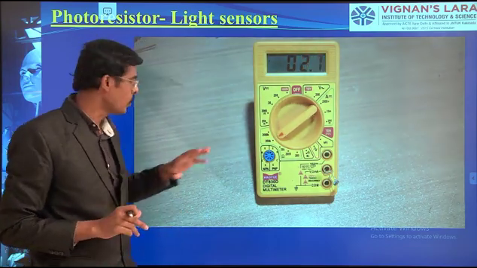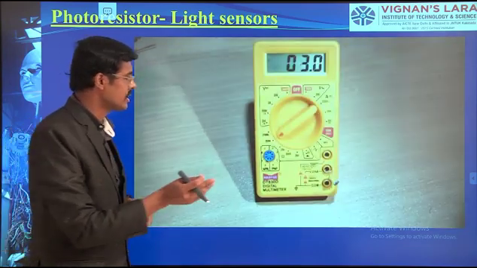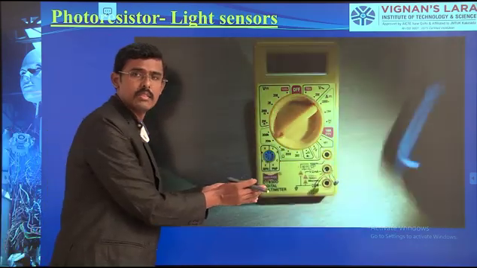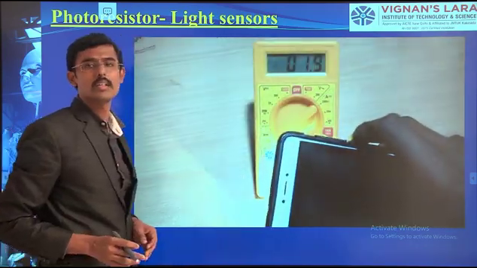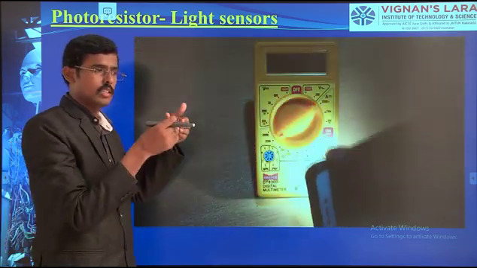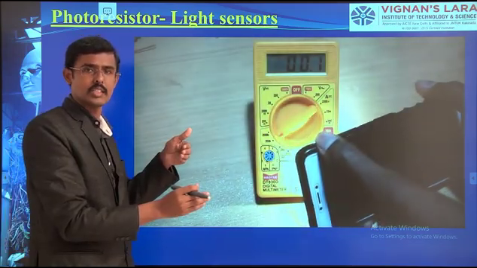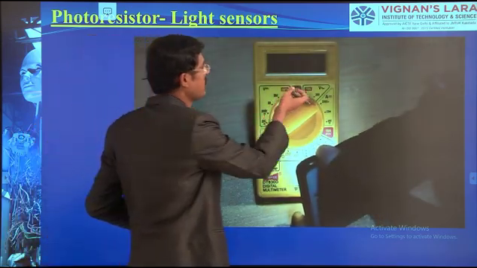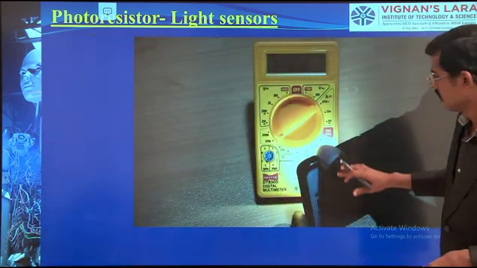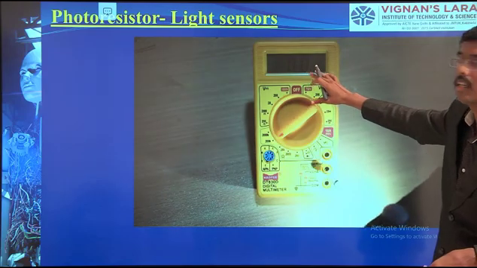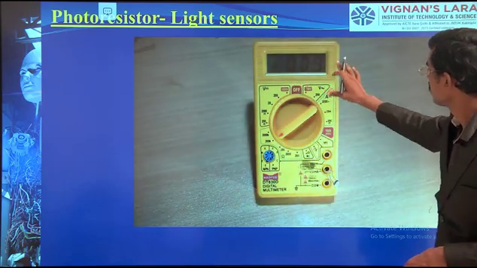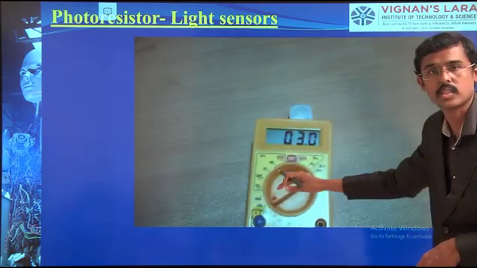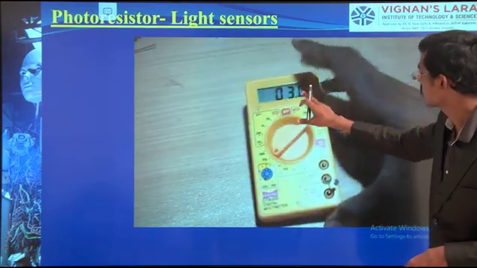Now what happens? When the sunlight rays fall, I am using the phone to make it. When the light rays fall over the resistor, its resistance becomes less and the conductivity is there. Therefore, you see, when it happens, the meter reading reduces. As the light increases, the resistance reduces.